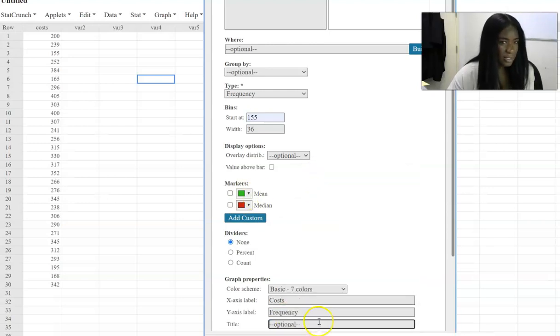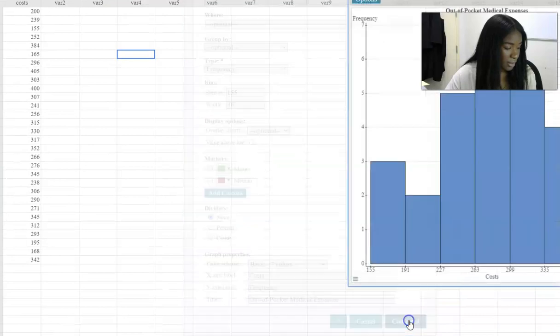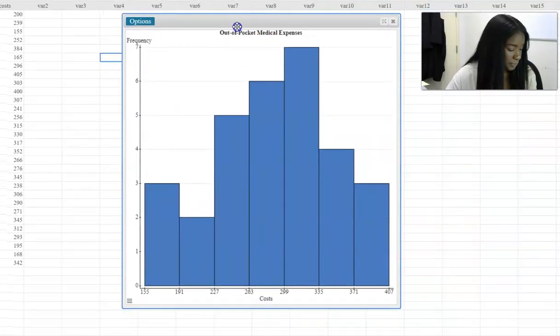And then I'm also going to title this, what was this, out of pocket medical expenses. I'll leave the title as that. And then I'm going to click compute down here. I'm going to click compute, and this is what we see.